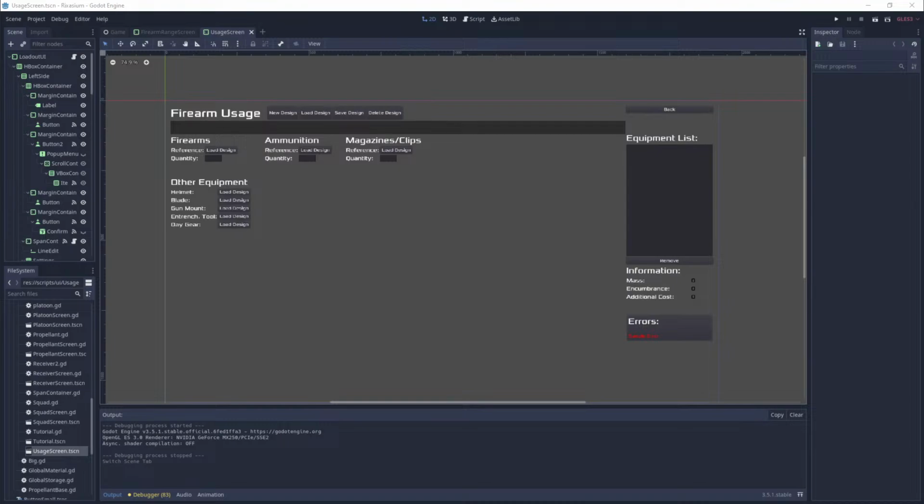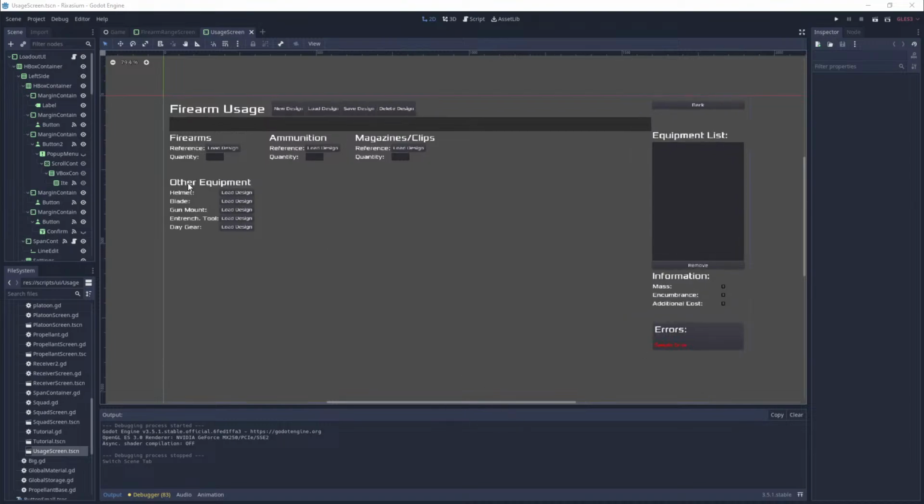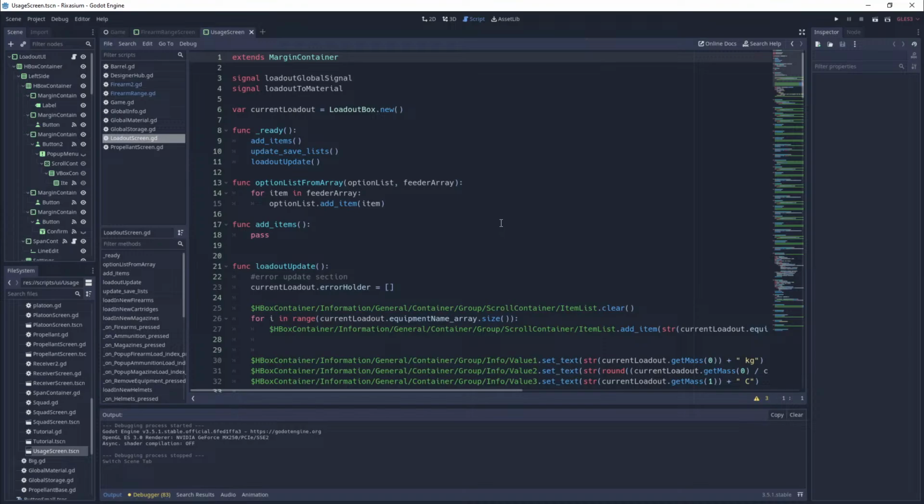Alright. Ohayou gozaimasu. Okay, so we're working on the code aspect.